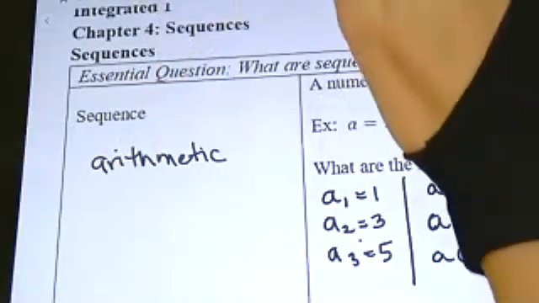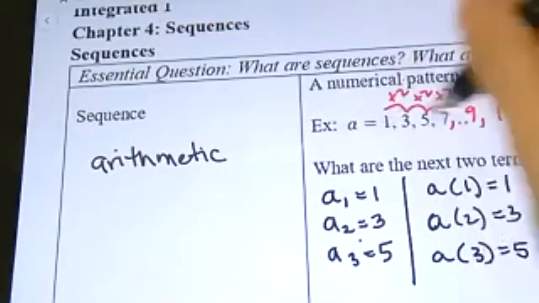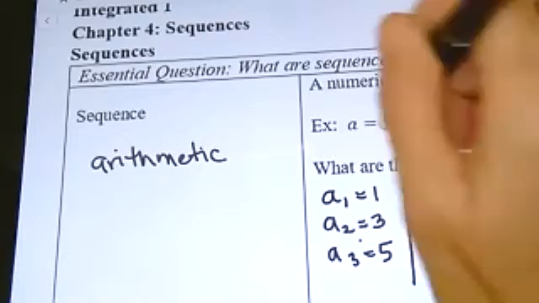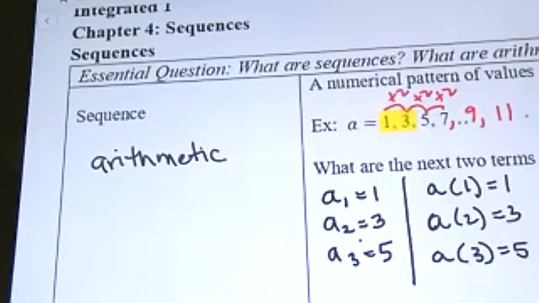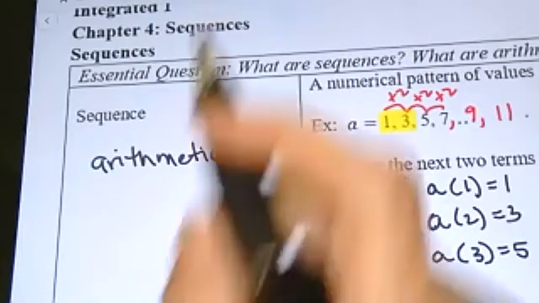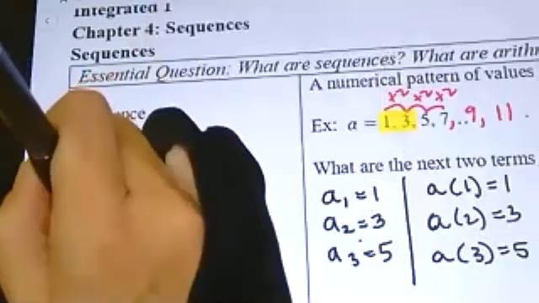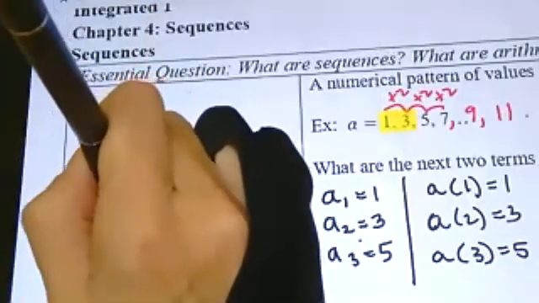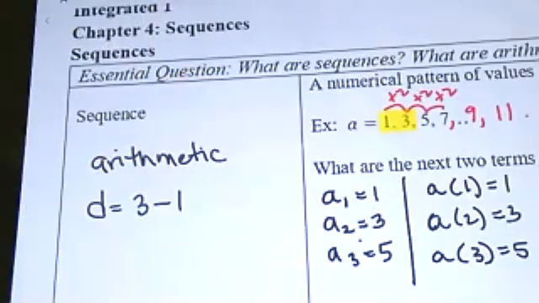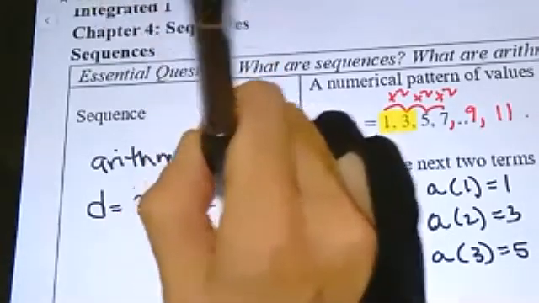And if I asked you to figure out what D is, take any two numbers in the sequence that are next to each other. For example, I'll take those two, 1 and 3. So my common difference is I take 3 and I subtract the 1 right before it. 3 minus 1, my common difference is 2.